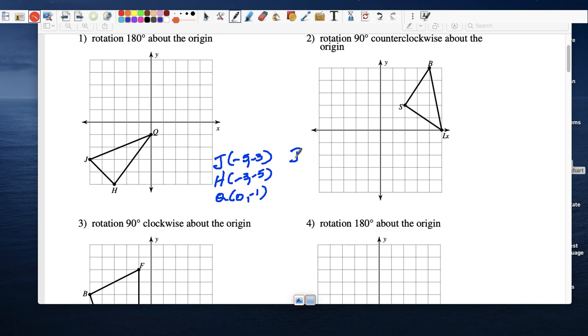So we have to figure out what J prime is, H prime, and Q prime. So if it's a 180 degree rotation, okay, first of all, it's about the origin, so they're rotating around this guy right here. Point J, if it's a 180 degree rotation, remember, every 90 degree is one quadrant.